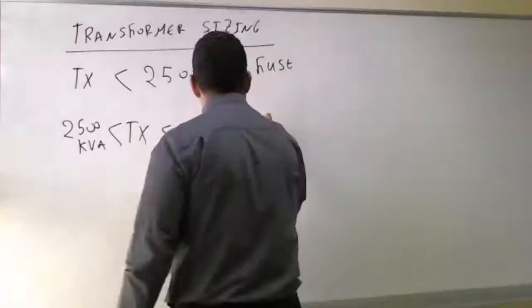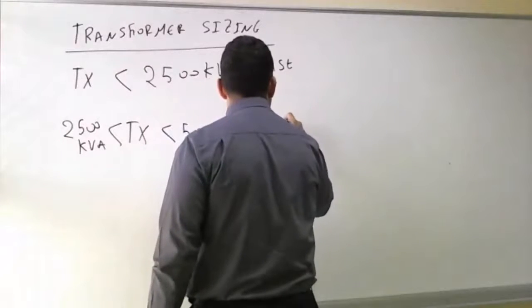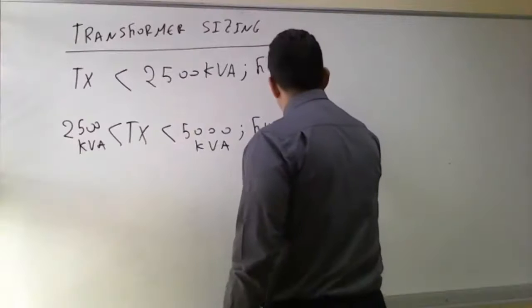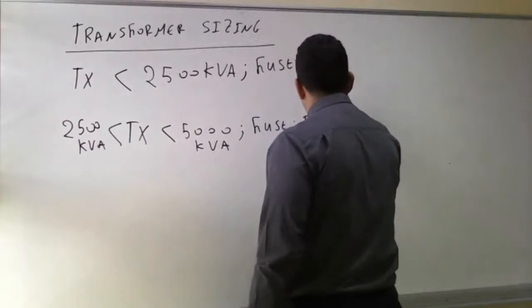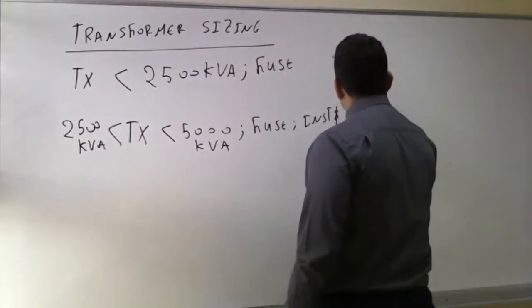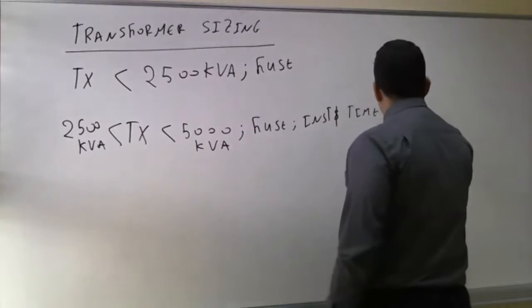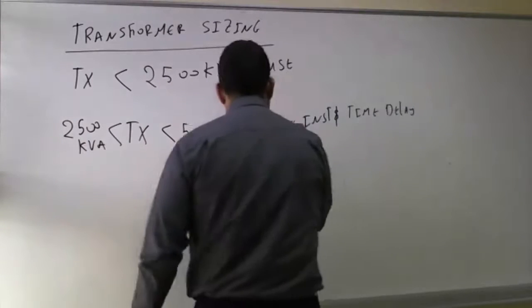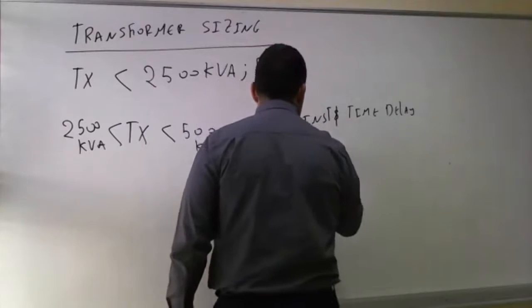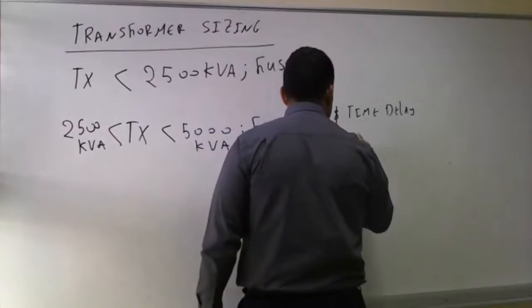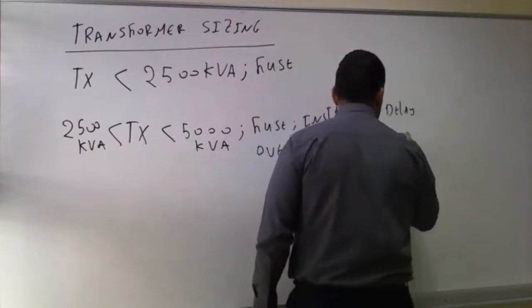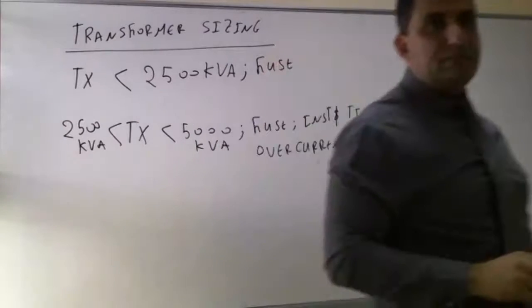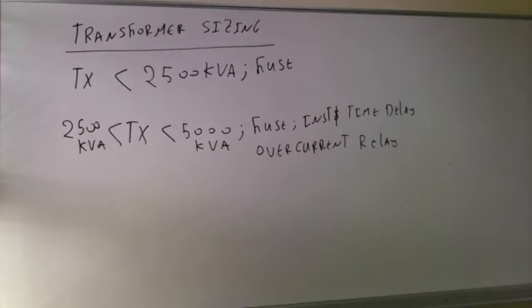So in this case, we use fuse, instantaneous, and time delay overcurrent relay. So as we can see, the bigger the size of the transformer, the more sophisticated protection is required for it.